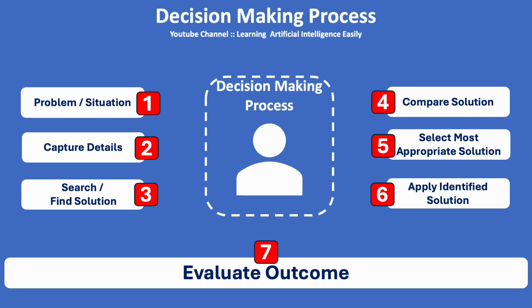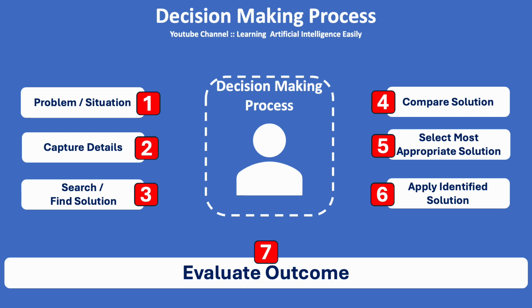In step 3 we have searched and actually found the solution. Now we use that output in step 4, which is to compare the solutions. In step 5 we select the most appropriate solution which we think, based on our decision making process, is appropriate to solve our problem.